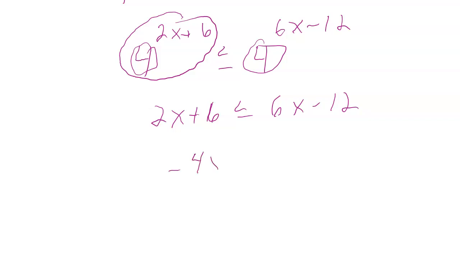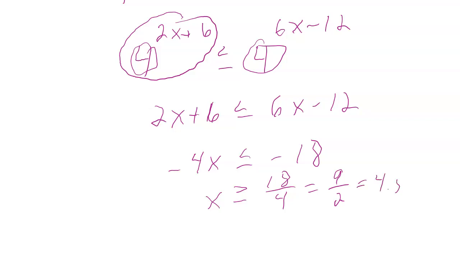So I get negative 4x is less than or equal to negative 18. Divide, so I get x is greater than or equal to 18 over 4, or 9 over 2, or 4.5. There we go. No big deal.